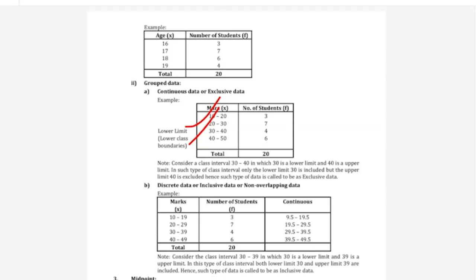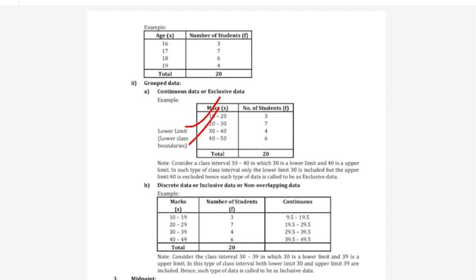Because when I asked you to record 30 marks, you did not record it in 20 to 30. Why? Priya, listen. Because in 20 to 30 we can record only the marks which are 20 or greater than 20 but less than 30. 30 is not included in it. Therefore, we have recorded the marks 30 in the class interval of 30 to 40.